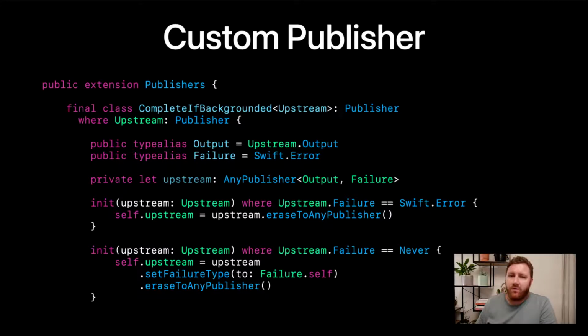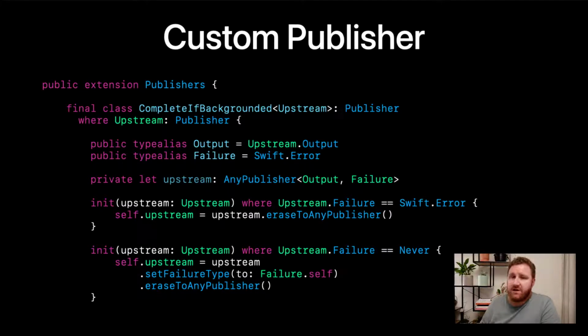But often we want to work with upstreams that have no failure potentially, so the Sequence or Just or any of those sorts of ones. We'll be able to have a separate initializer that passes that in, and then we can set the failure type and save that into our property there as well.